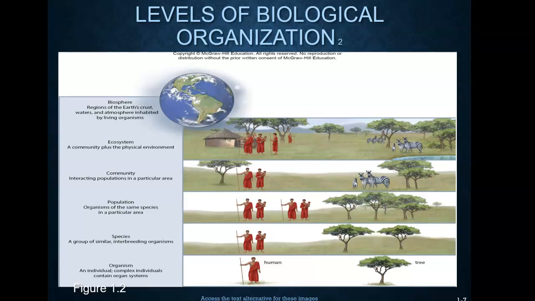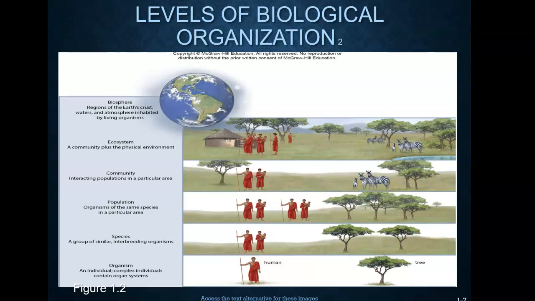And one of the things that this doesn't mention is that if we have ecosystems that cover large areas, then we can refer to those as biomes. So an example of a biome would be the ocean or the tundra or a desert. And then finally, it says the regions of the earth's crust, the waters, and the atmosphere are inhabited by living organisms.